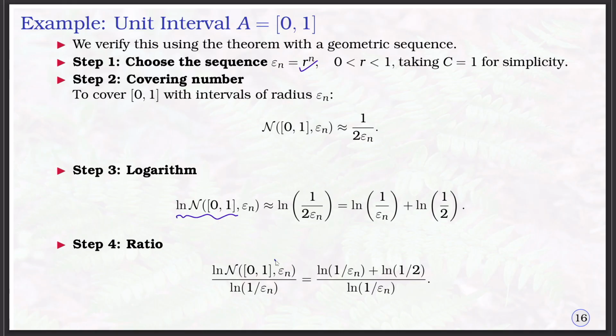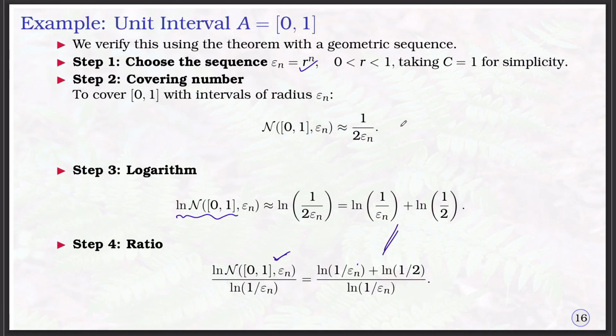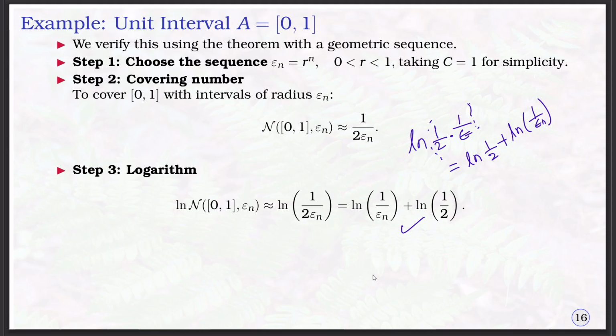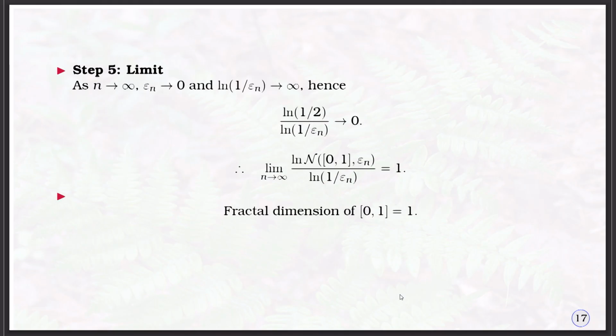Now if you are separating this, the terms will cancel, and one gets ln of 1 by 2 over ln of 1 over epsilon n.